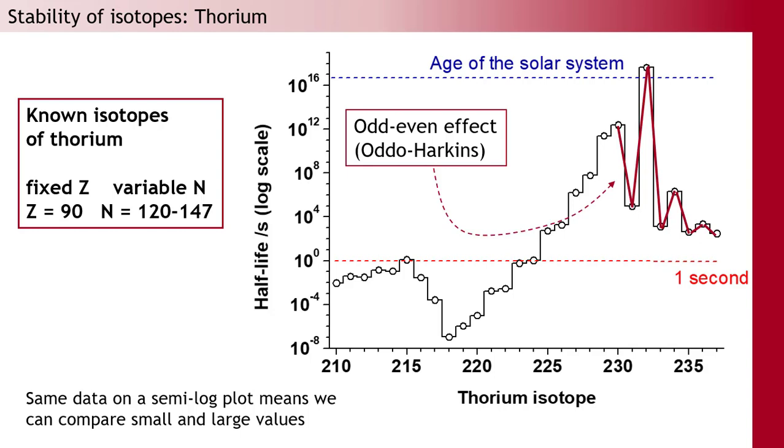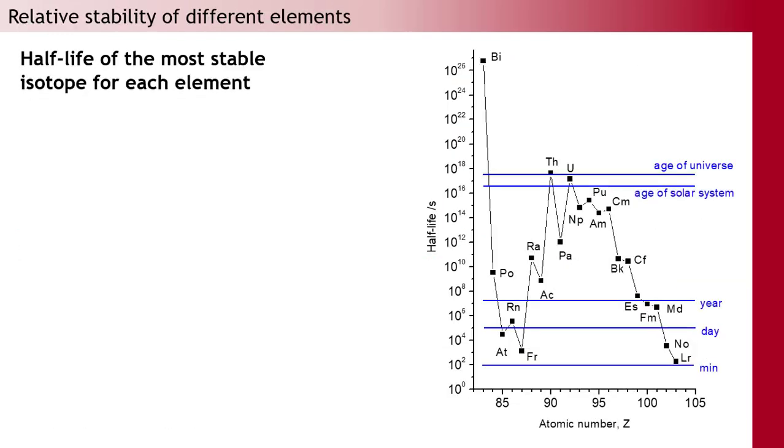Okay, so for each element we can vary the number of neutrons, and so compare different isotopes. The other thing we should look at is varying the atomic number, the number of protons. This is a plot on a semi-log scale of the most stable isotopes from number 83, that's bismuth, to 103, that's lawrencium.